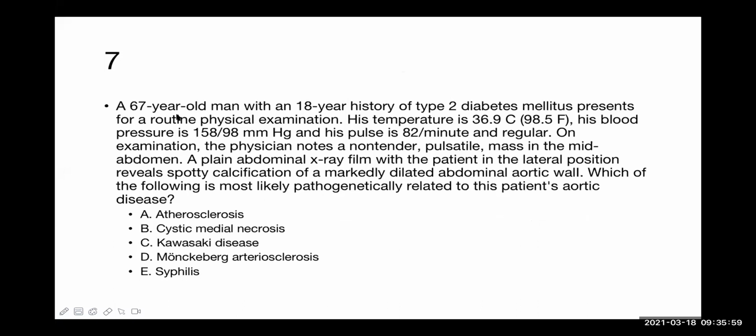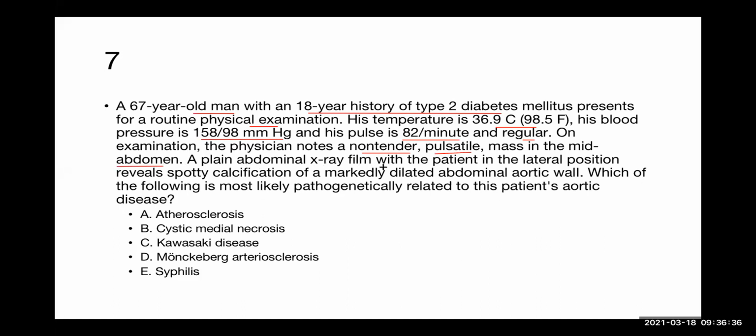Another one, a 67-year-old male patient with an 18-year history of type 2 diabetes, 18-year long history, presents for a routine physical examination. Temperature is 36.9, normal. Blood pressure 158/98. Look, there is a history of hypertension now, and his pulse is 82 per minute and regular. On examination, the physician notes a non-tender pulsatile mass in the mid-abdomen.